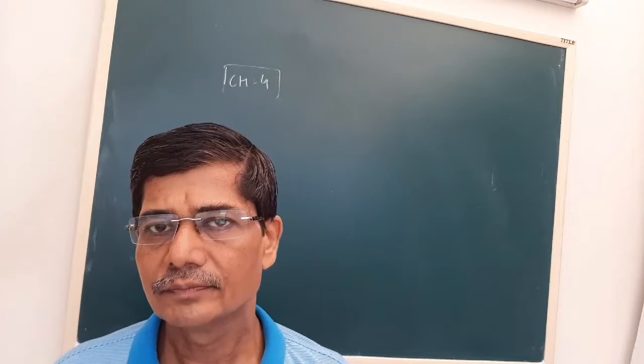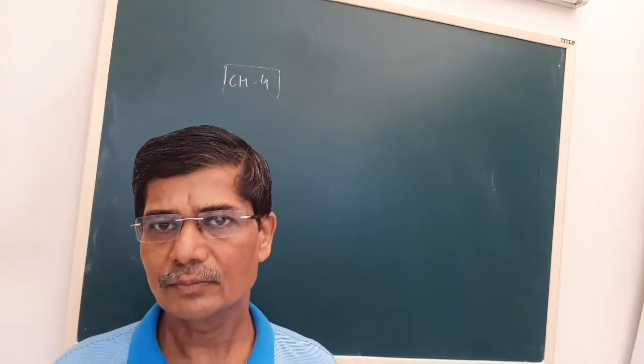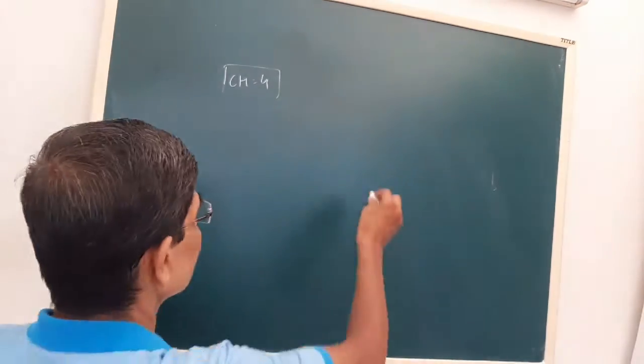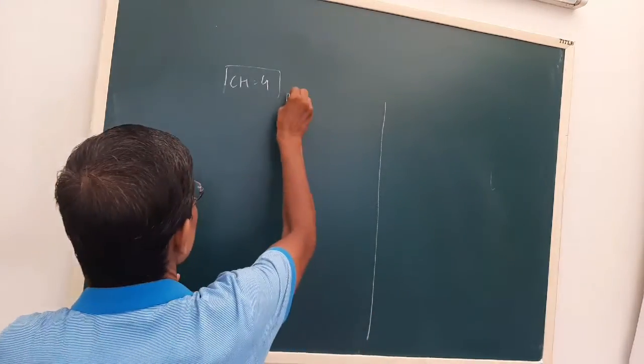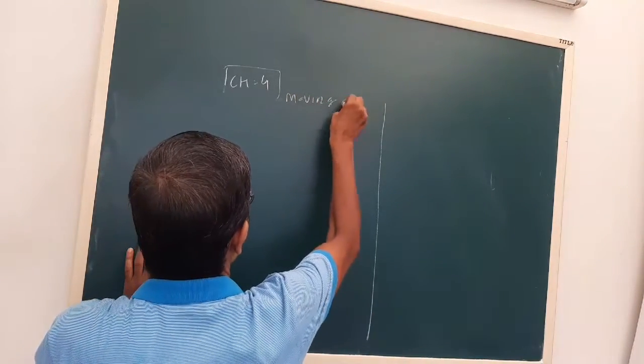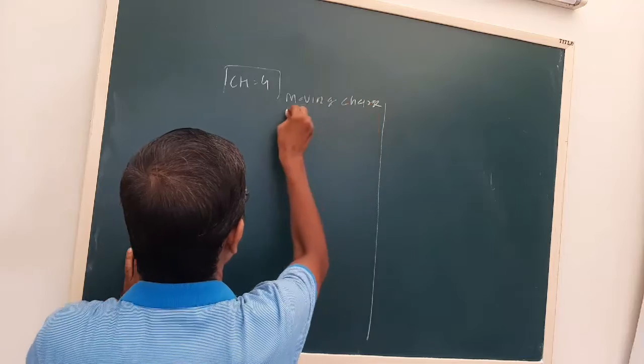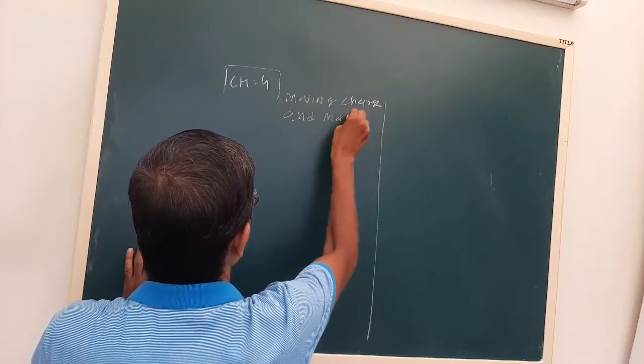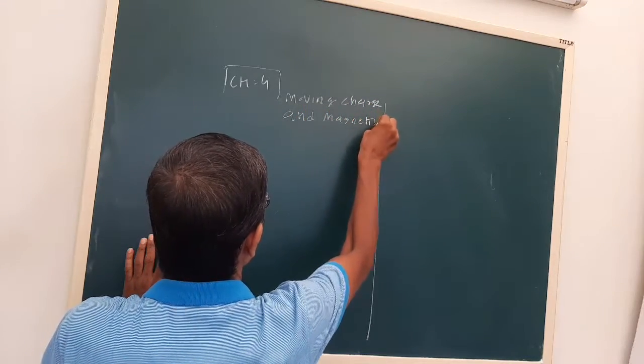Dear students, today we start lesson number 4, that is moving charge and magnetism.